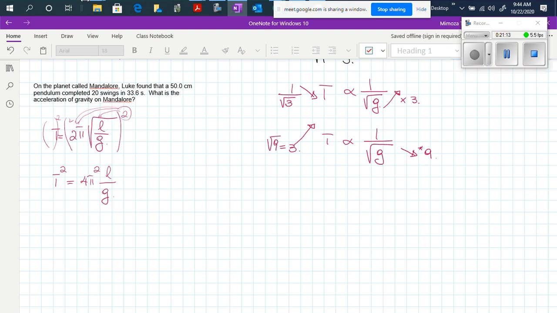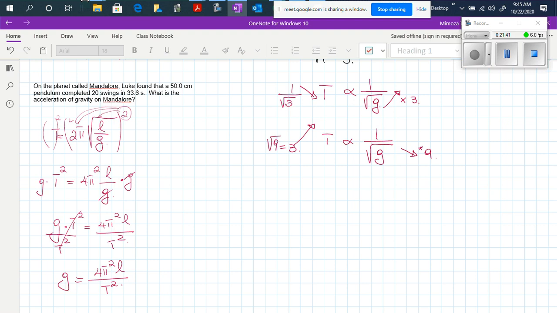And now solving for g, we multiply both sides by g. So then we will have g times T squared is equal to 4π squared L. And then as the last step, we divide both sides by T squared. So g will be equal to 4π squared L over T squared.